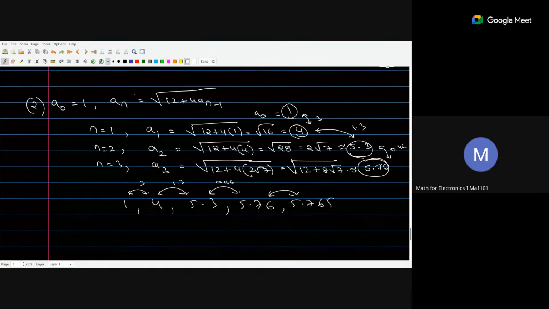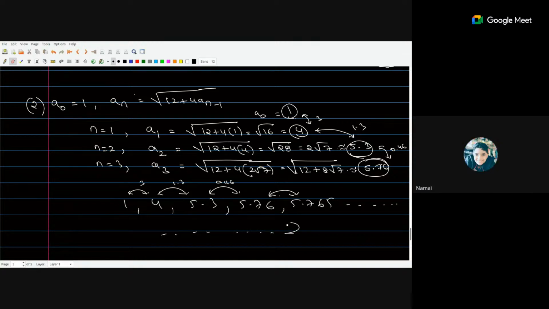So the difference will decrease. It will be increasing, but the difference between the terms will decrease slowly. Observing this, you can slowly convince yourself that this is approaching something. If I go on in the sequence, slowly the difference gets to 0.